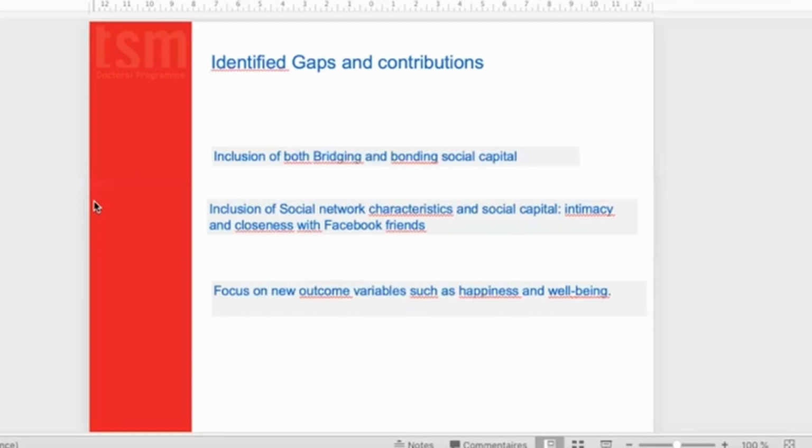This is the idea, which of these parts of social capital brings more. And by studying both bridging and bonding social capital, our contribution is to study both. We also bring new outcome variables, happiness and well-being. Most studies don't focus on happiness and well-being; there are only 5 studies focusing on that. So we introduce new and few investigated dependent variables.